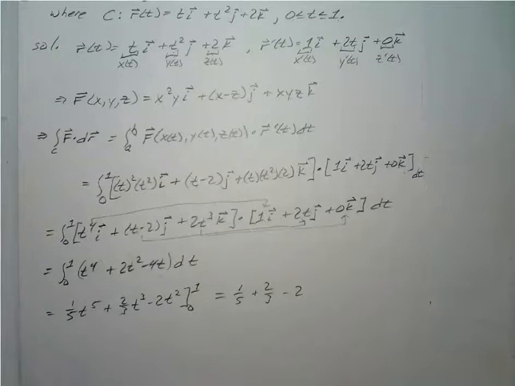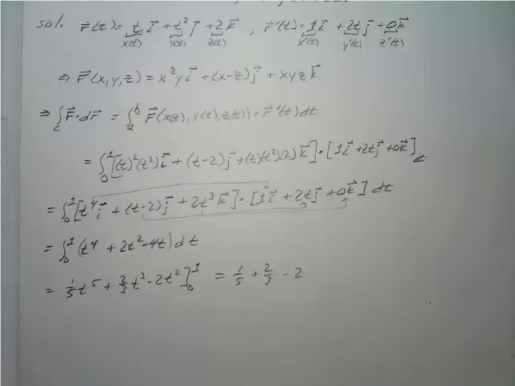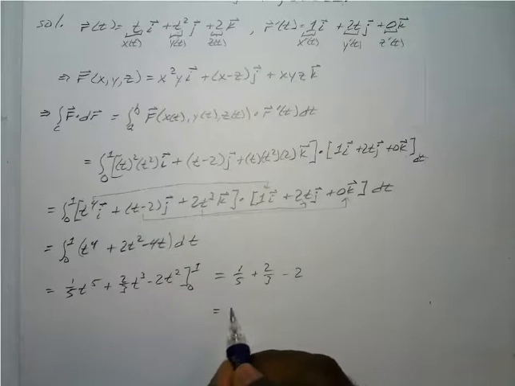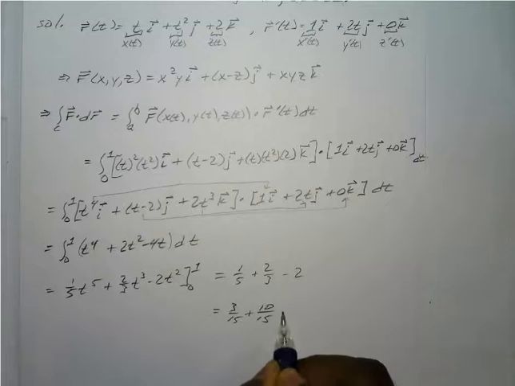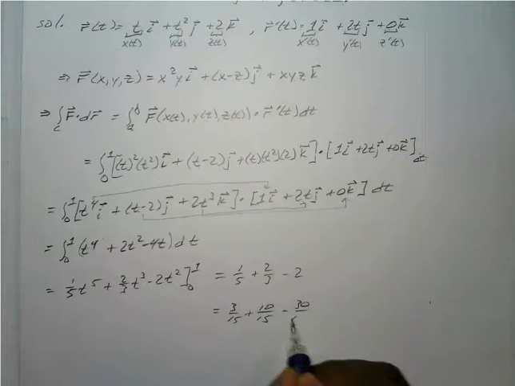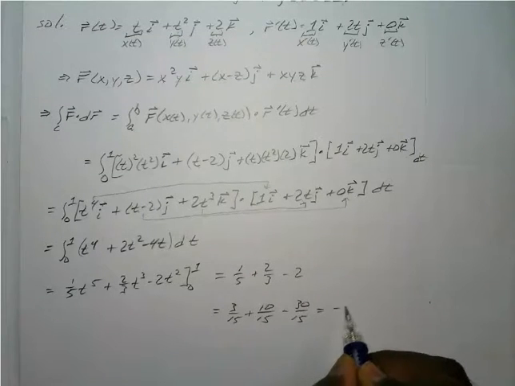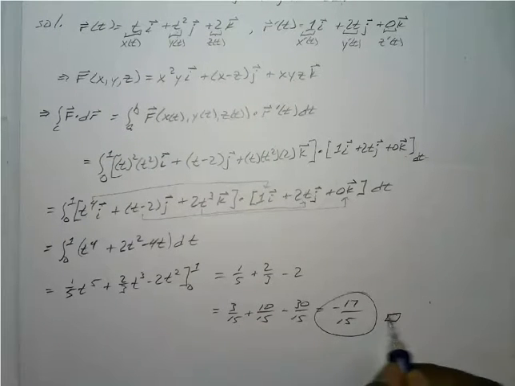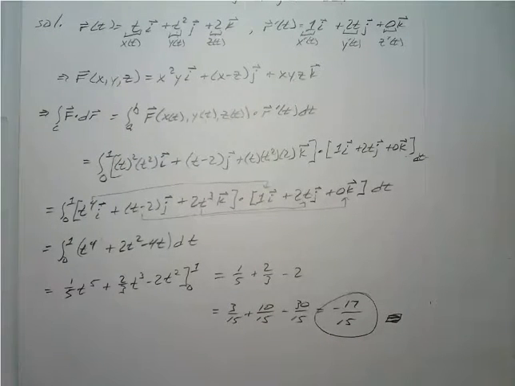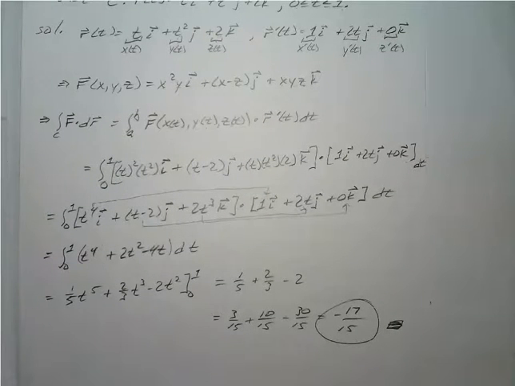You plug in 0, you get all 0, so you don't need to do that. Okay, so we go ahead and simplify that. 3 plus 10 over 15 minus 30 over 15 will equal negative 17 over 15. Alright, so a little bit of work there, but still the same general idea.